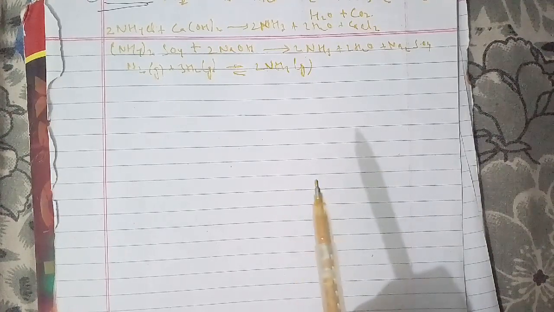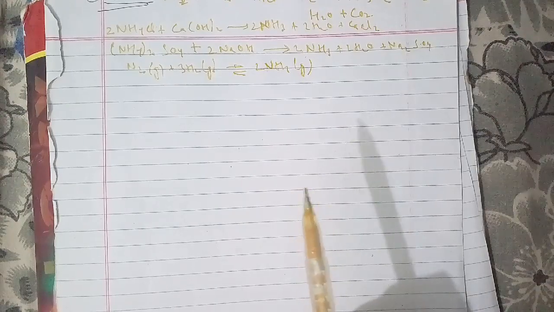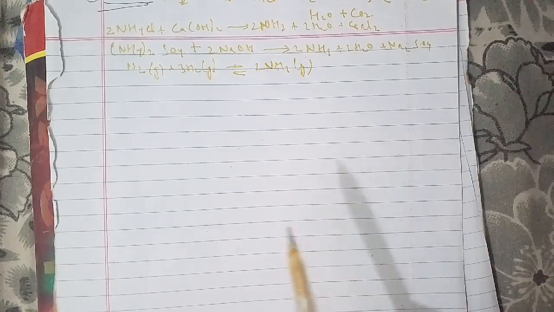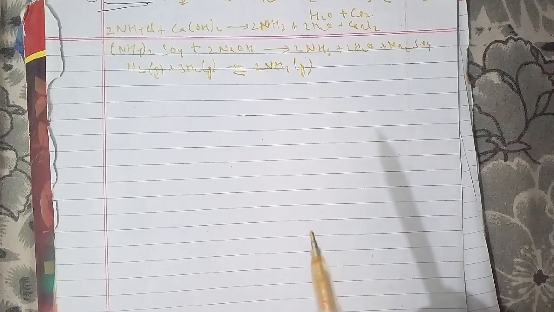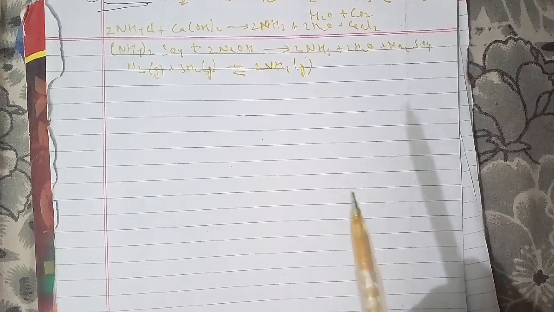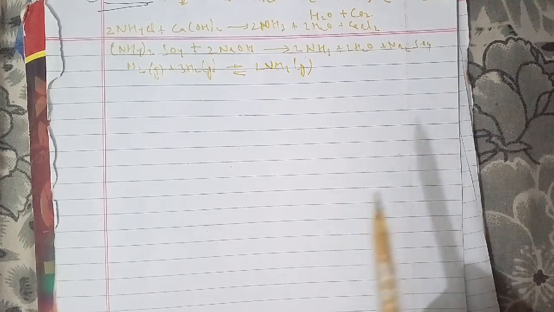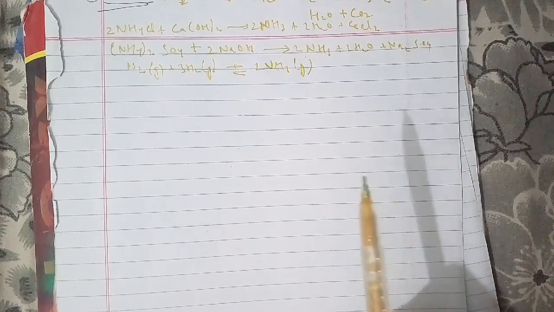The ammonia molecule is trigonal pyramidal with the nitrogen atom at the apex. It has 3 bond pairs and 1 lone pair of electrons, as shown in the structure. Ammonia gas is highly soluble in water. Its aqueous solution is weakly basic due to the formation of OH minus ions.